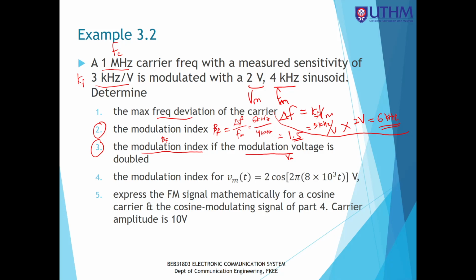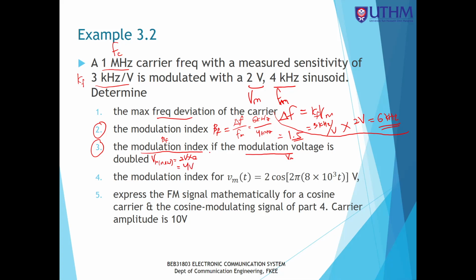Apakah nilai beta f sekiranya Vm digandakan sebanyak 2 kali? You need to know the new Vm. Vm new is equal to 2 volt times 2 because we double it, so it becomes 4 volt.